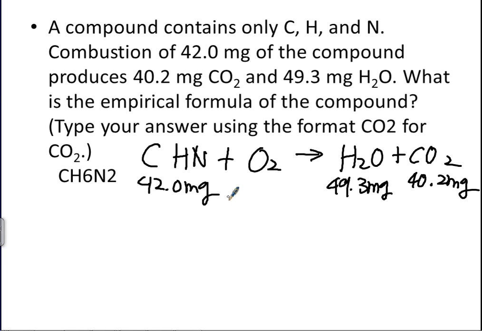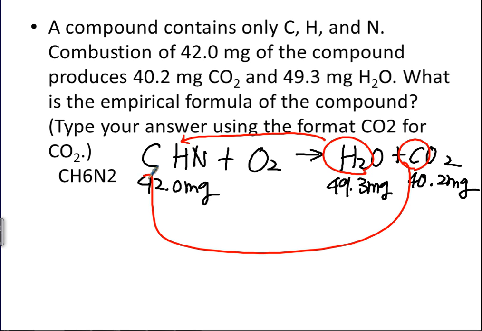That's the part that I know. I'm going to assume all the hydrogen in the water makes up the hydrogen here, and all the carbon makes up the carbon here. Nitrogen, I don't know the mass for, but what can I do if I know the total mass? I need to subtract, right?